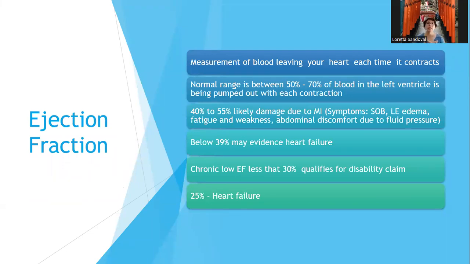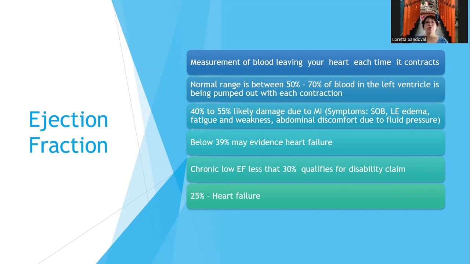So normally your heart is pumping 50 to 70% of the blood in the left ventricle with each contraction. That's normal ejection fraction. And that's what they mean by fraction, that 50 to 70%. So it's 50 to 70% of the end diastolic volume.